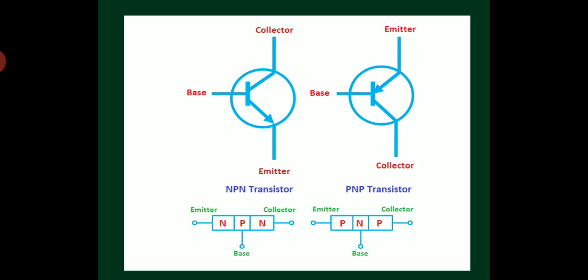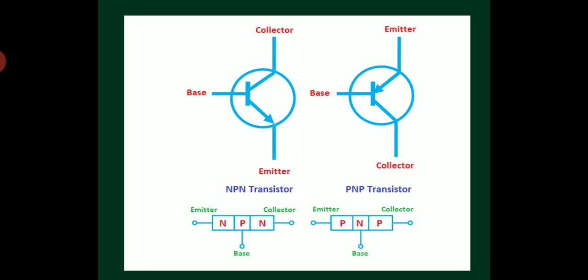The symbols are shown on the top of the screen for NPN and PNP transistors. The arrow mark on the emitter terminal represents the type of transistor, NPN or PNP, and it represents the flow of current into or out of the transistor.